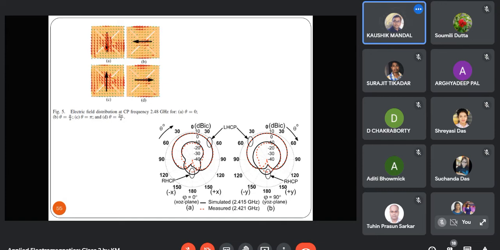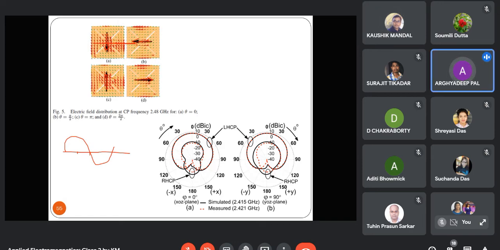Then after that, at theta equal to pi/2, in that direction. Next, at theta equal to pi, it is upward direction. Next, it is in that direction. So what will be the overall sense of polarization or overall sense of rotation?